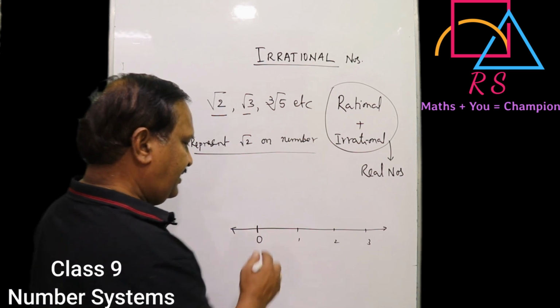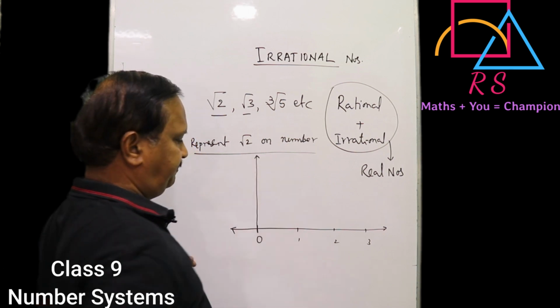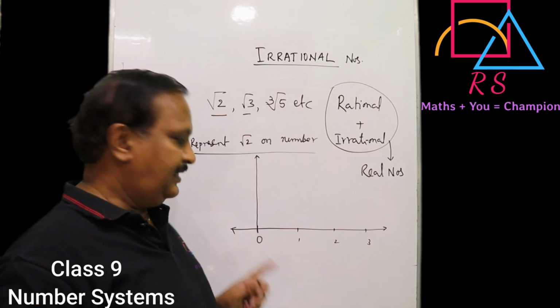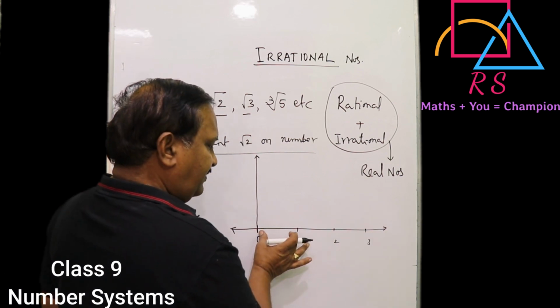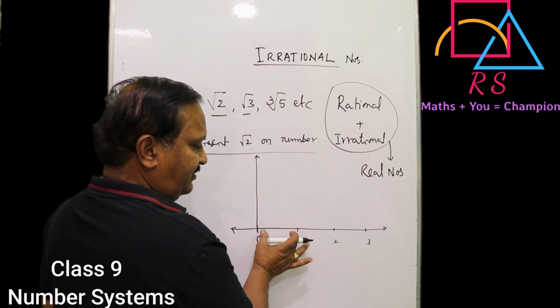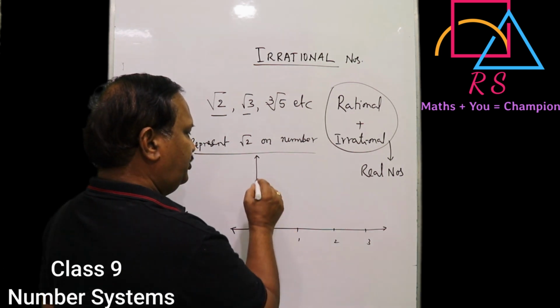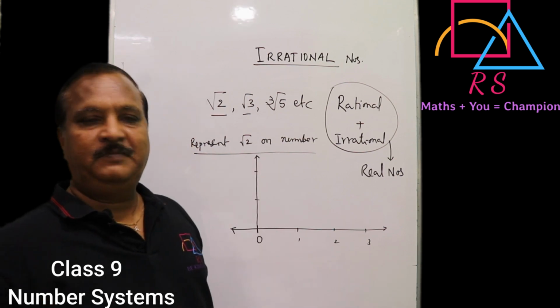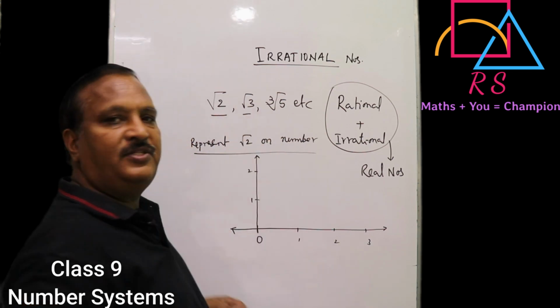So at 0, you draw one more number line. This is the horizontal number line and this is the vertical number line. Whatever length is there between 0 and 1, the same length you also put here. So then what happens? This is 1 and 2 and so on.